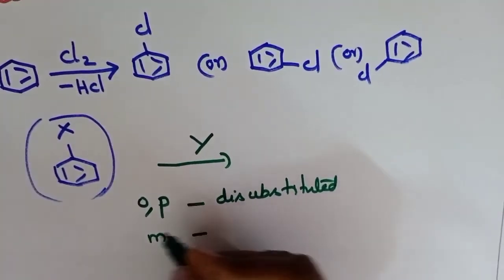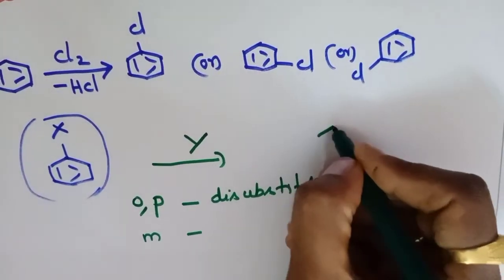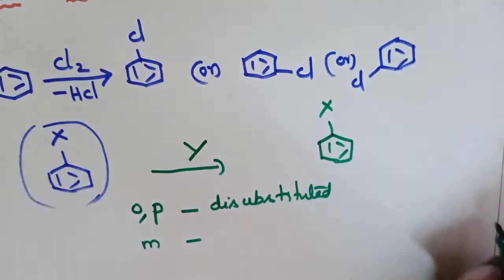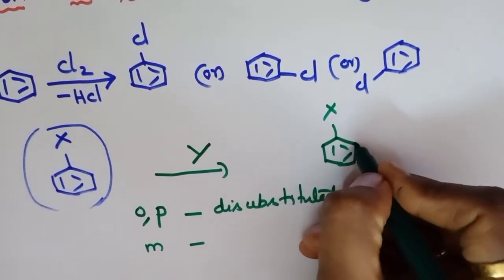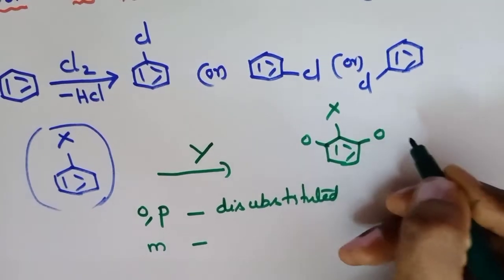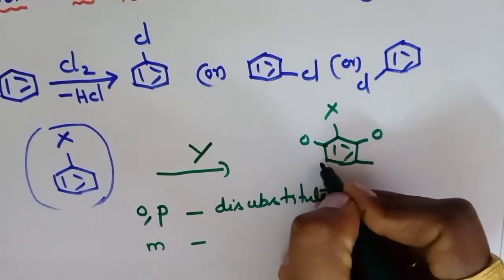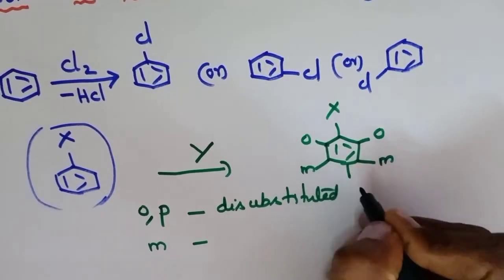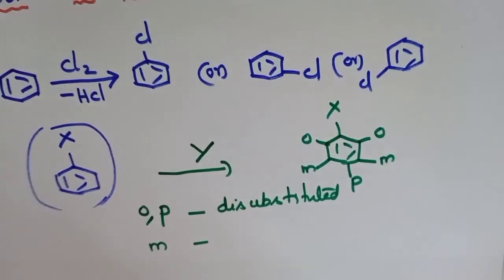First, let me tell you what these ortho, para and meta positions are. So this is X, already there now. The adjacent positions to X we call ortho positions, these positions we call meta positions, and this we call the para position.